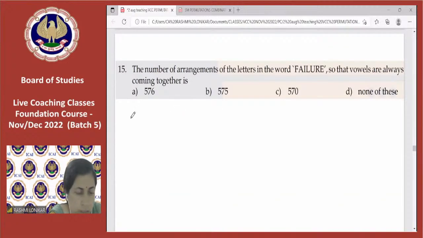Now, whenever you have this question, let us read the question. The number of arrangements of the letters in the word failure so that the vowels are always coming together. You know which are the vowels?